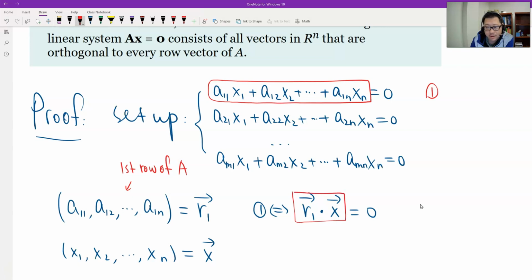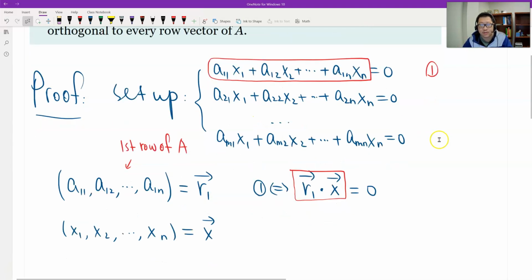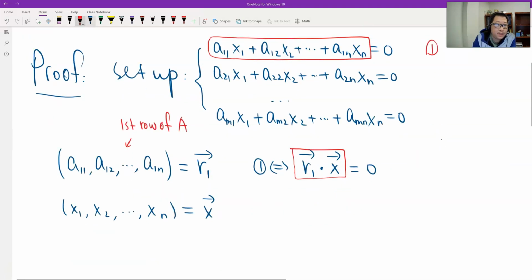The definition of the dot product applies the same way for the second equation. The second equation is the second row of A dot x equals 0.